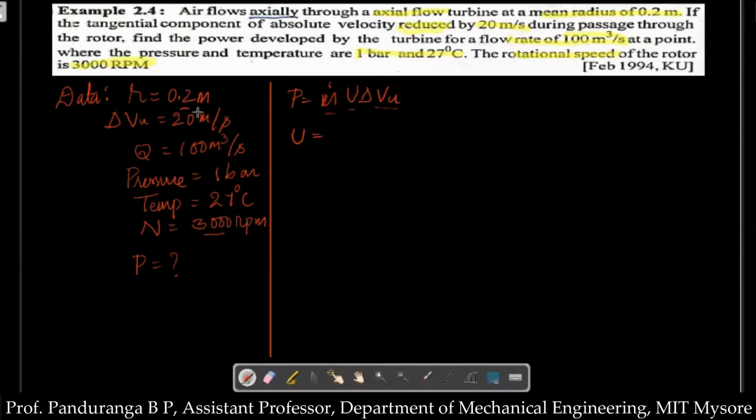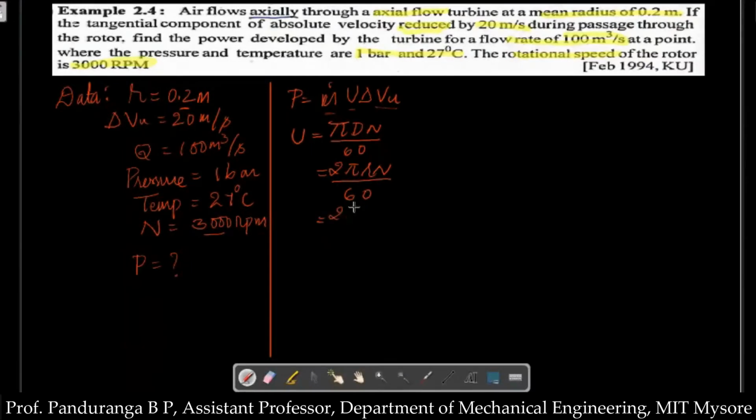and when the rotational speed and the diameter or the radius is given, we know that u is given by pi d n divided by 60, or I can write it as 2 pi r into n divided by 60. Now I'll substitute the values of r and n here.